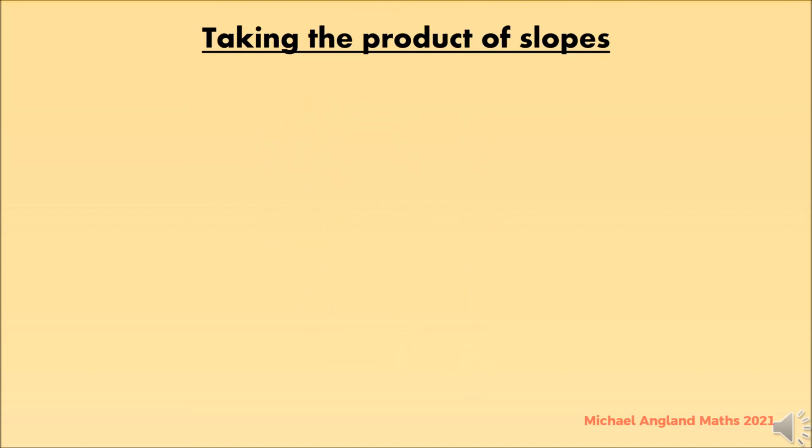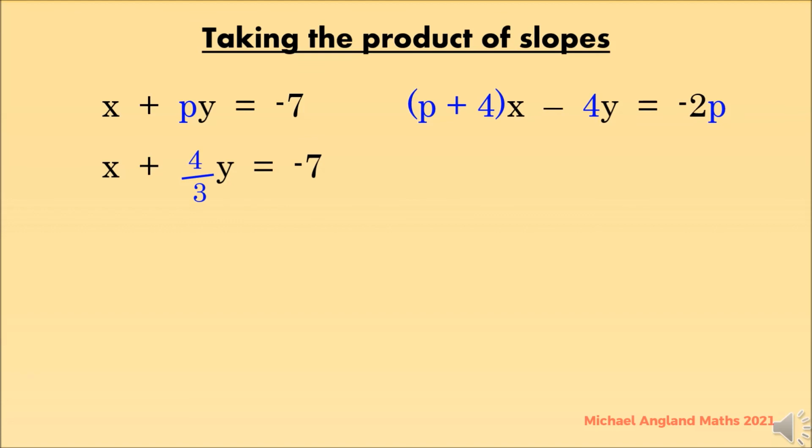So, having found the value of 4 on 3 for p, we now plug this in to our equations. On the left hand side, x plus py is minus 7, which becomes x plus 4 on 3y is equal to minus 7. On the right hand side we have p plus 4 into x minus 4y is equal to minus 2p.